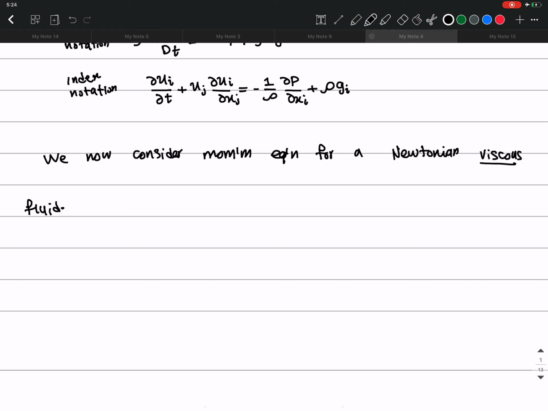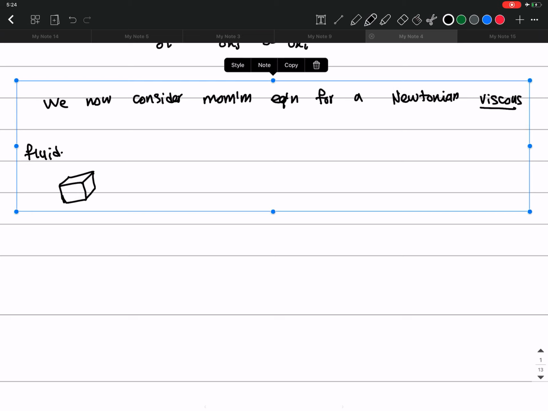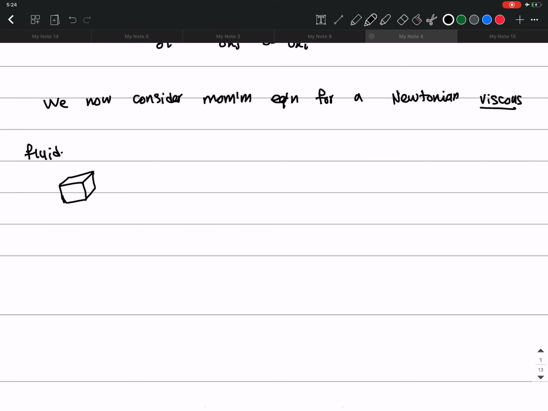Say you have a fluid particle, any fluid particle, and we can decompose all the forces into two types of forces for this fluid particle.